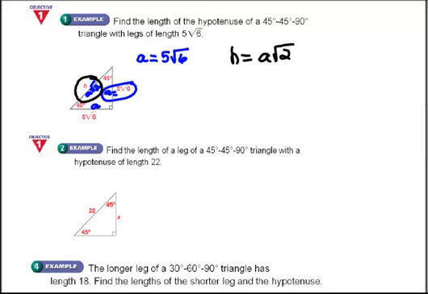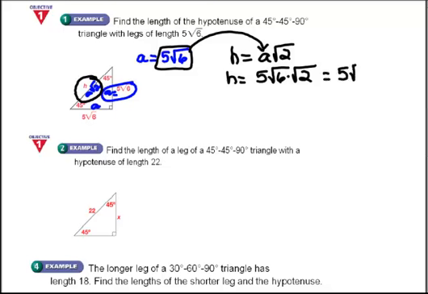But I know what A is. So I'm going to take this value of A and substitute it in for this A. So my H is now 5 square roots of 6 times the square root of 2. We're going to simplify this to give us 5 square roots of 12, because 6 times 2 is 12. Now, it is in radical form. You have to make sure it's in simplest radical form. Are there perfect squares in 12?